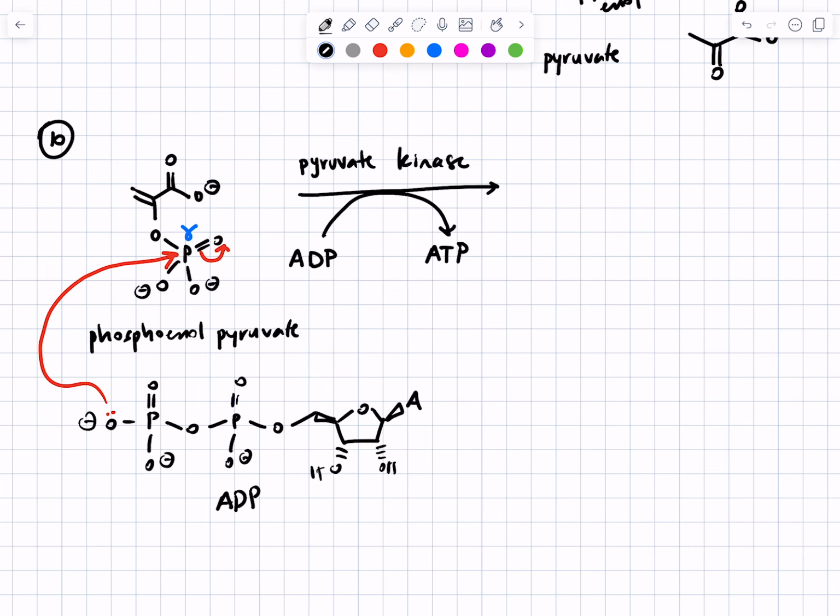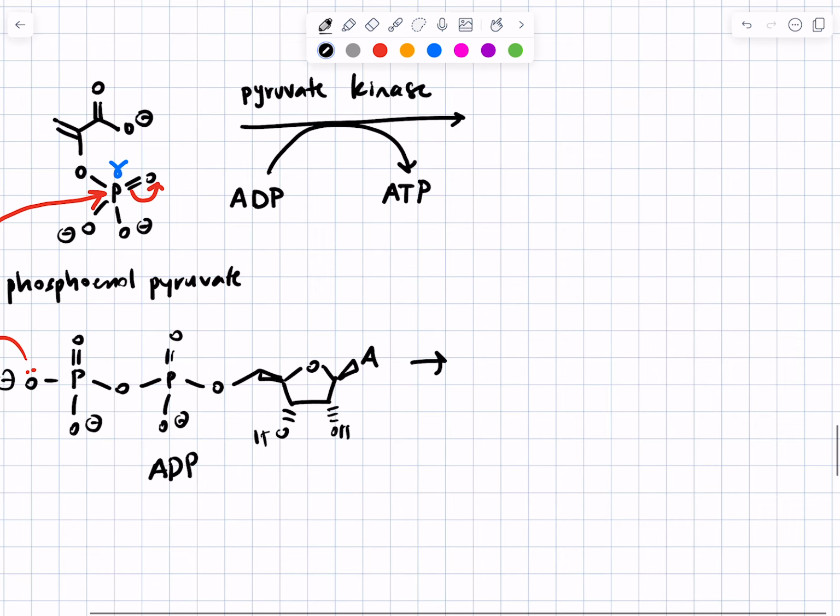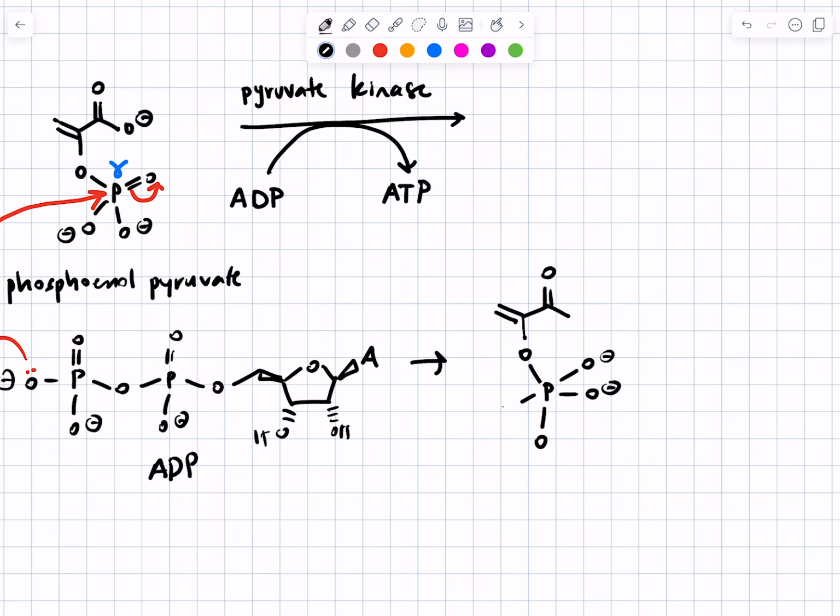And then actually, it might be helpful to draw that intermediate so you can see what's going on and why it makes sense. So here is the pentavalent phosphorus intermediate.